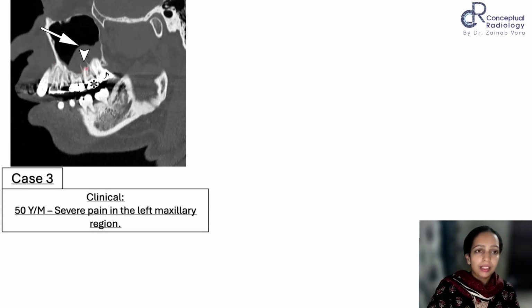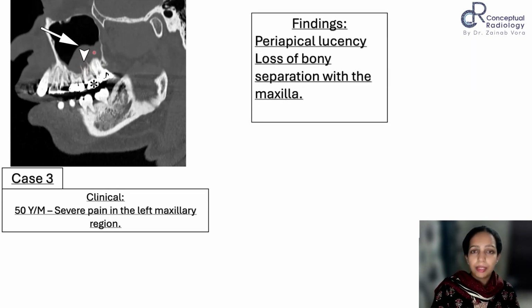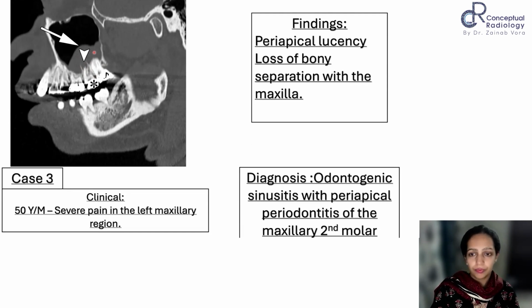And we do see that there is some soft tissue density which appears to be contiguous in between the two, extending from here to here. So it is working as if this is the source and this is the manifestation. So we do see a periapical lucency and a loss of bony separation along with the overlying maxilla.